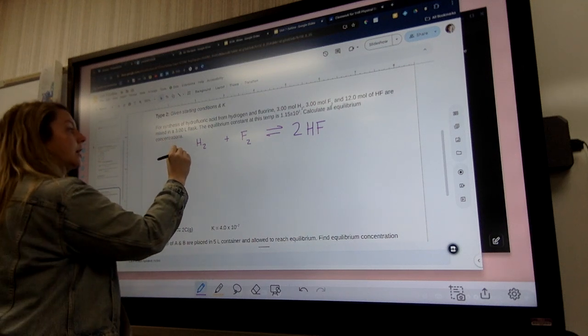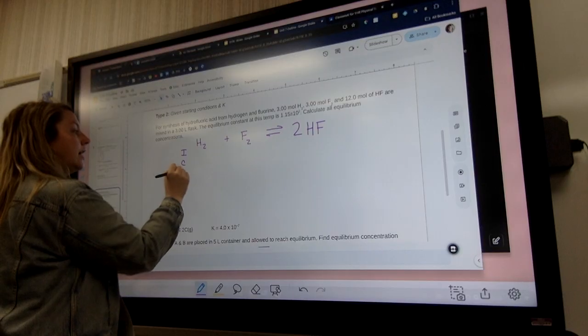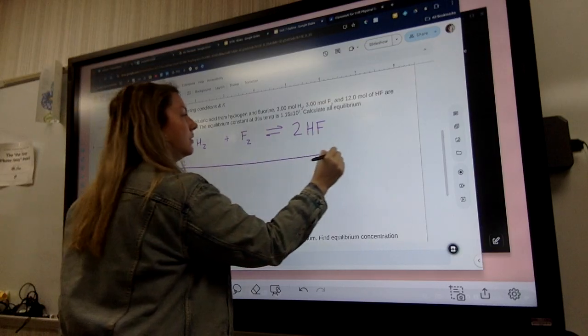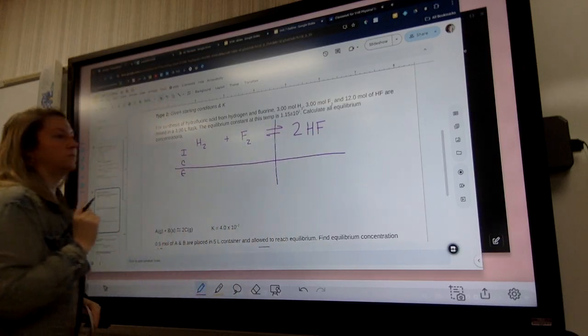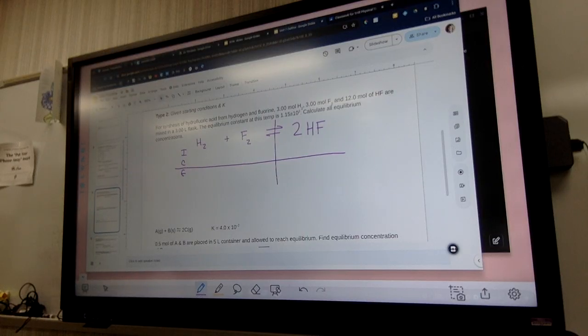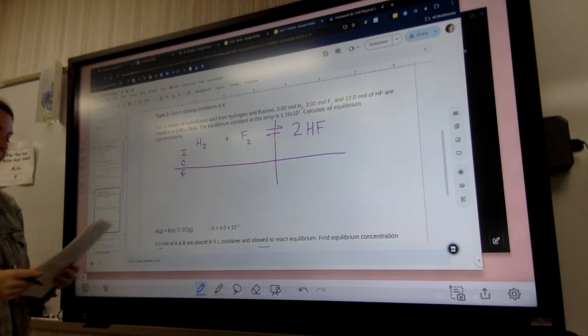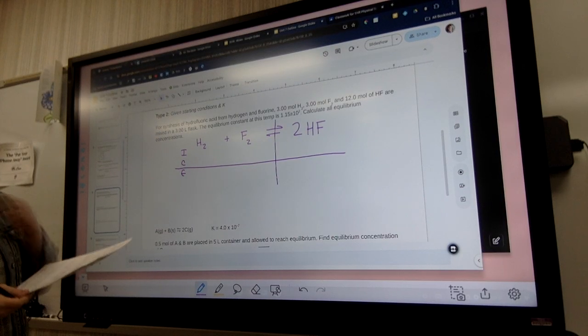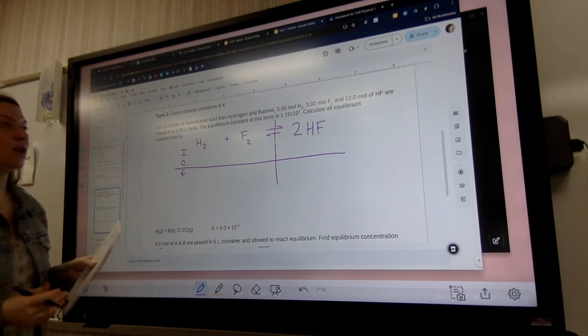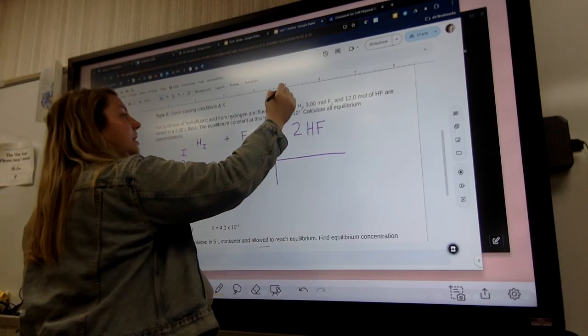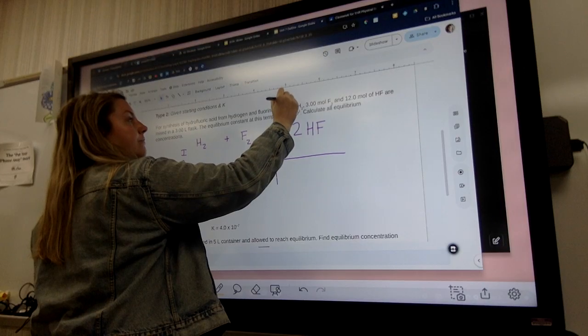Okay, we're going to have our ice table to fill in. So they told us moles. This is in a 3-liter flask, so I need to divide each of them by 3. So what's the molarity of our H2 going to be? 1.